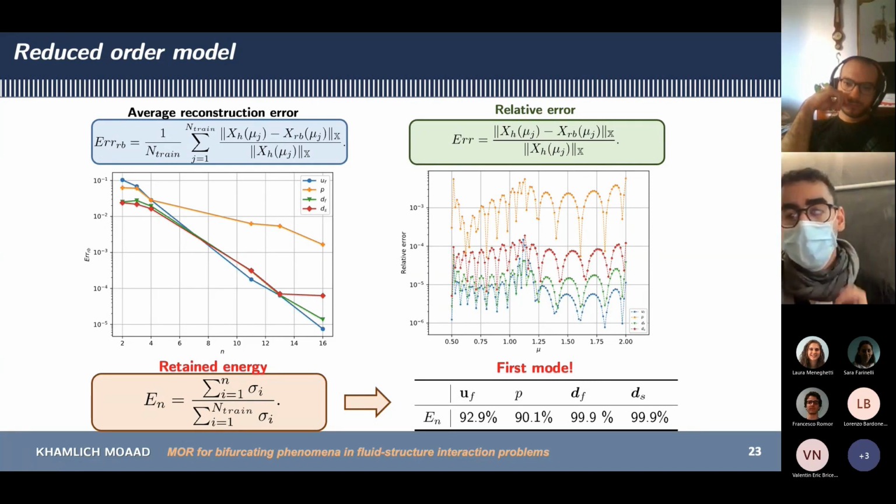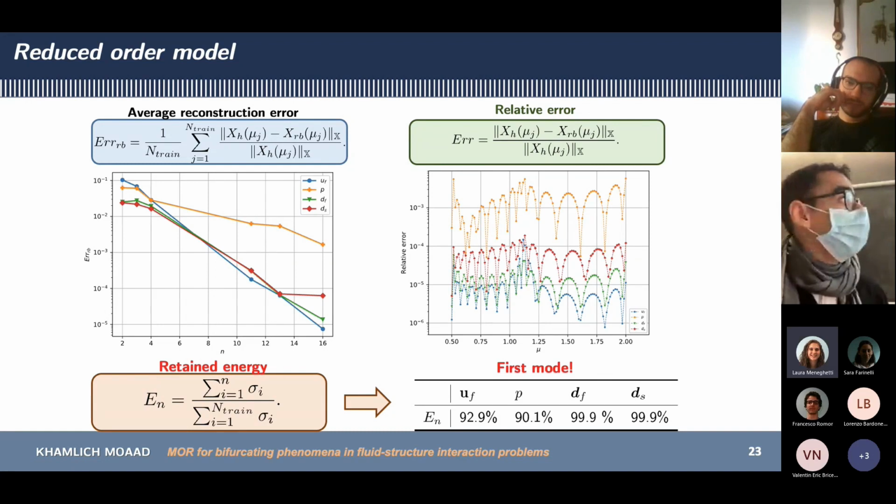And the plot on the right refers to the trend of the relative reconstruction error as a function of the kinematic viscosity when we are using 16 bases, and this error is acceptable. The highest one is the one for the pressure, and it's more or less equal to 9 times 10 to the minus 3, and all these errors show an oscillatory trend.